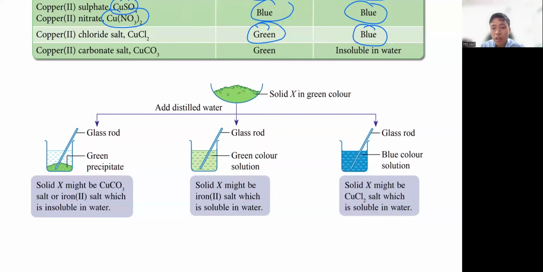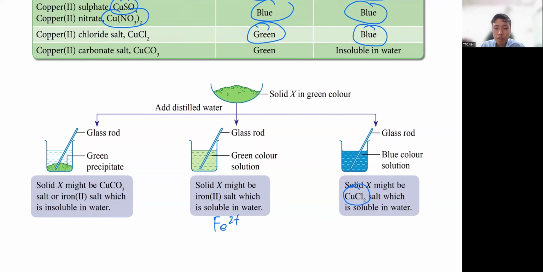If you can dissolve in water, then normally it's an Fe2+ salt, doesn't matter what it's paired with, as long as it's a soluble salt. For the other side, when you can dissolve and you see blue color solution, that is copper 2 chloride. From green solid to blue solution, that is copper 2 chloride.